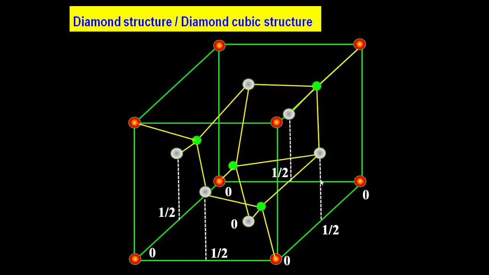So this atom, which is present at half distance from this edge, this atom is also at half distance from this edge, this atom is also at half distance from this edge, and this atom is also present at half distance from this edge. Okay, if I want to show these face centered atoms two-dimensionally, I have to show them exactly at the center of each edge, at the half position.